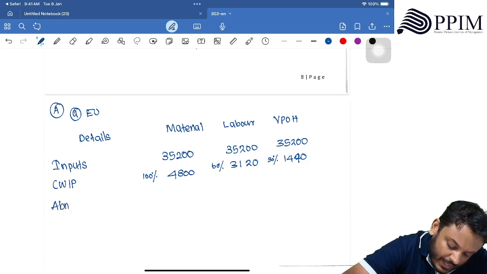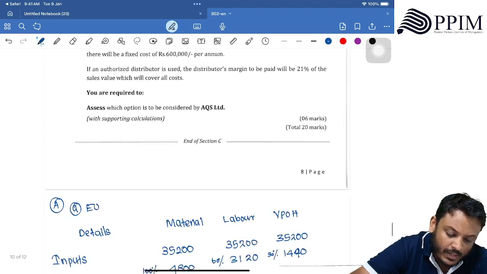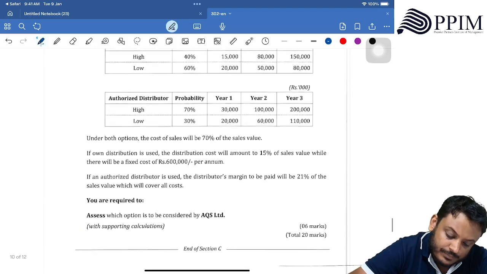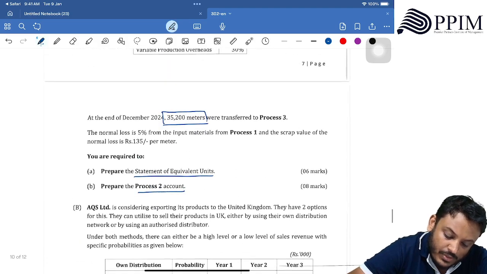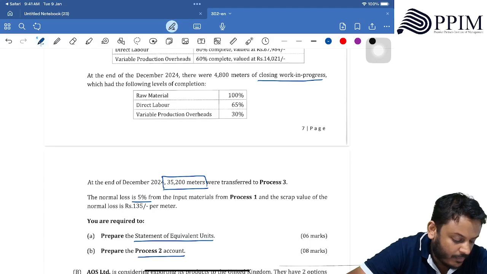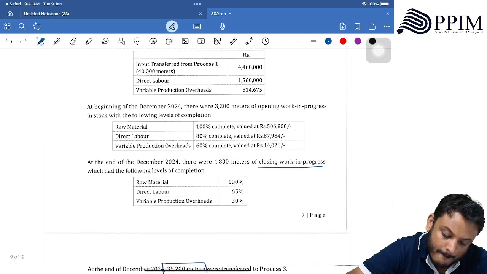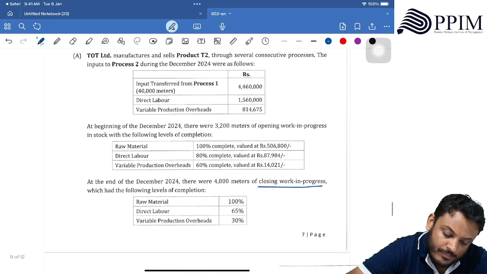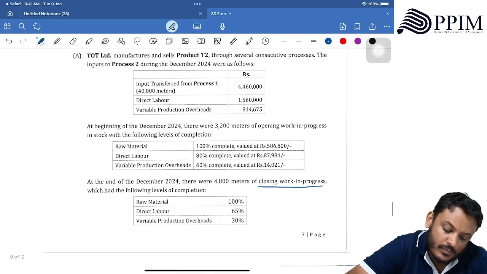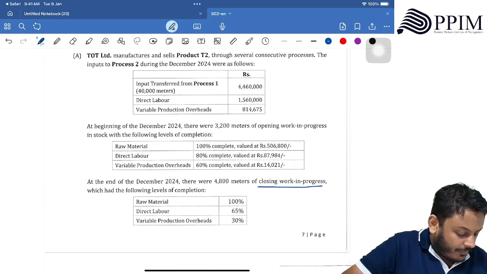Lamai, here they gave abnormal loss units; you need to take abnormal loss units. In the question, normal loss is 5% of the input.